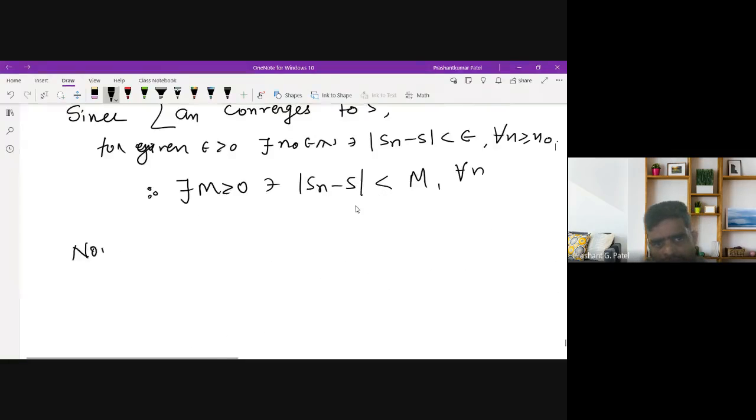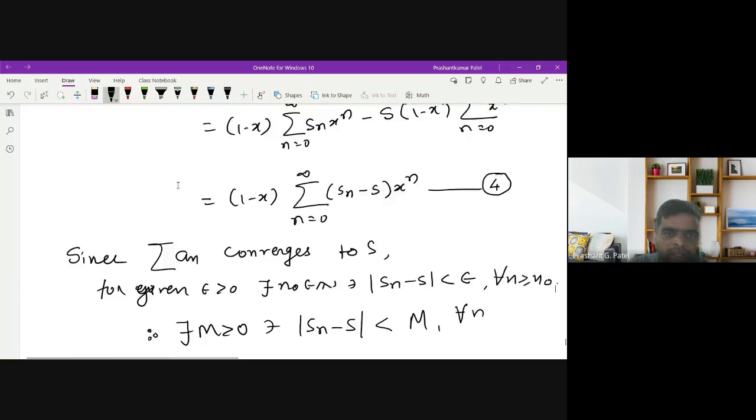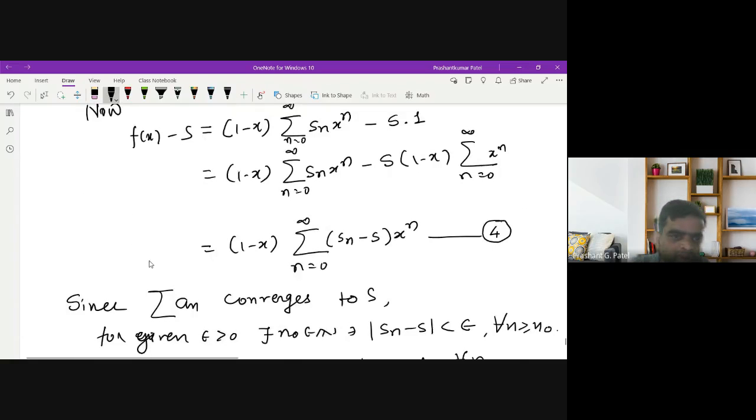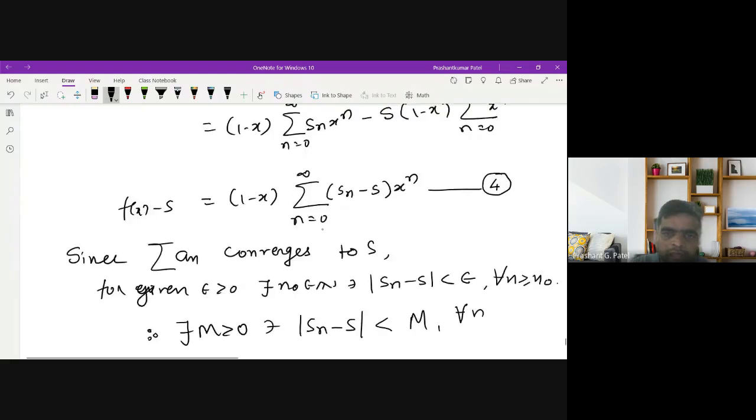Now, from this, and your x is between 0 and 1, let us see what is f(x) minus S. Taking the modulus on both sides, the value of x is less than 1, so 1 minus x is always positive, so I can write it outside, and then this summation I may split into two summations.